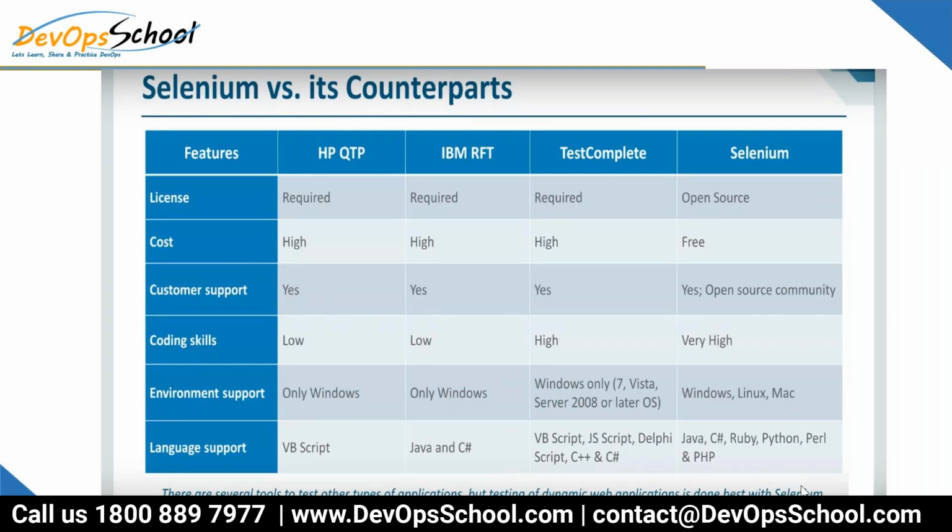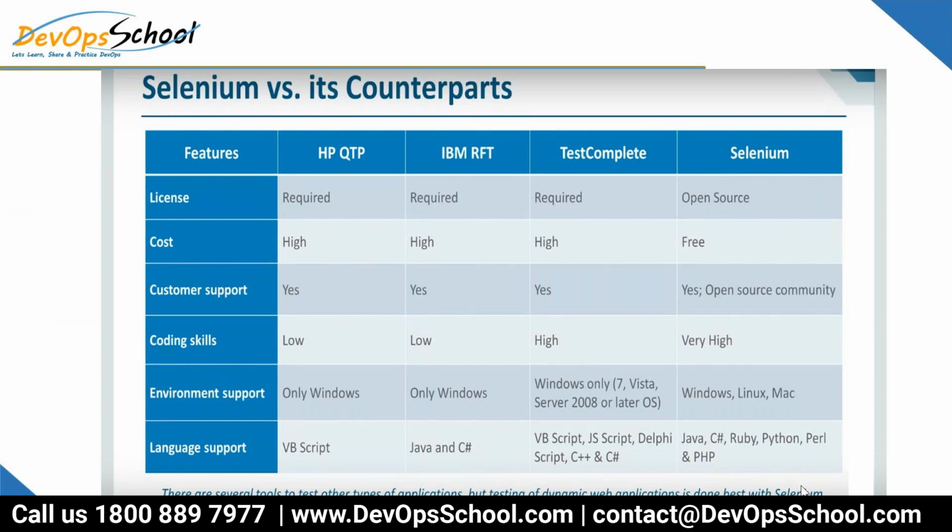Okay, look at this. Some of the competitors, if you see, are HP QTP, IBM RFT, Test Complete, and Selenium. If you compare in terms of license, cost, customer support, coding skills, environment support, and language support, in every parameter Selenium is good.